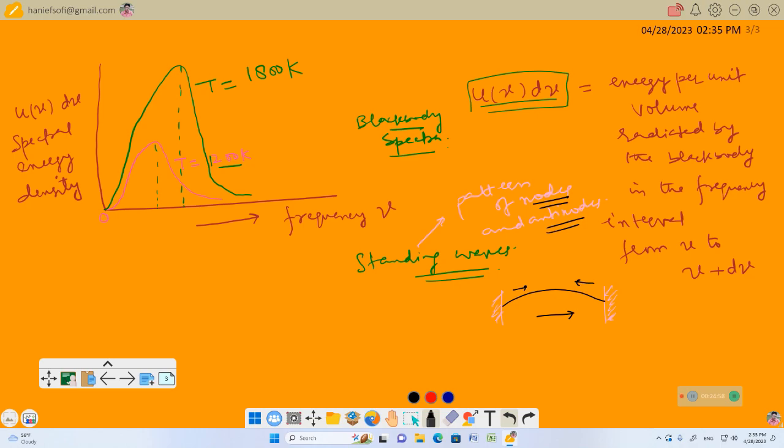Now, when standing waves are created, whether in one, two or three dimensions, there is a restriction in them.